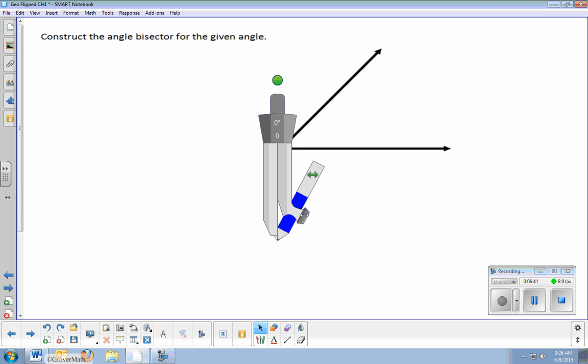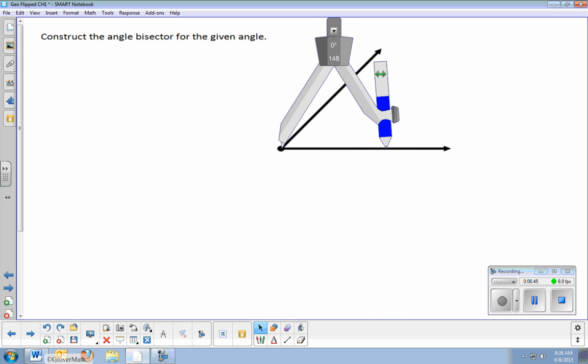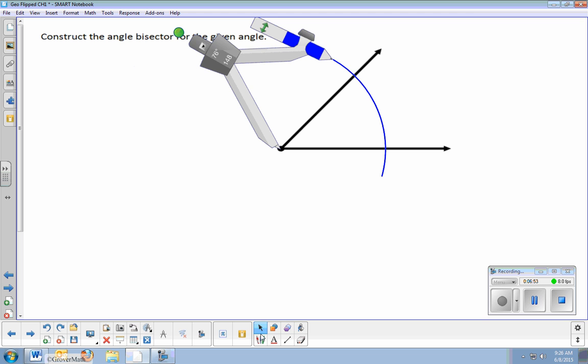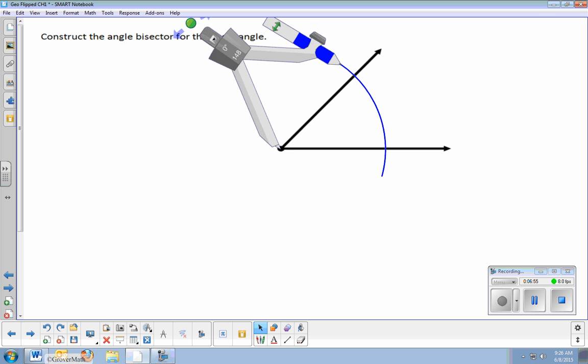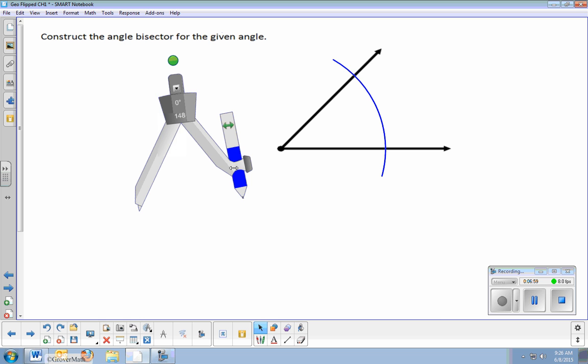So to construct the bisector of an angle, all I'm going to do is start off like I'm copying it. Just go to the vertex and draw an arc so that it crosses both pieces. Then simply what I do is I can keep my compass the same radius, keep it the same length. The two spots the arc crossed, make those points.